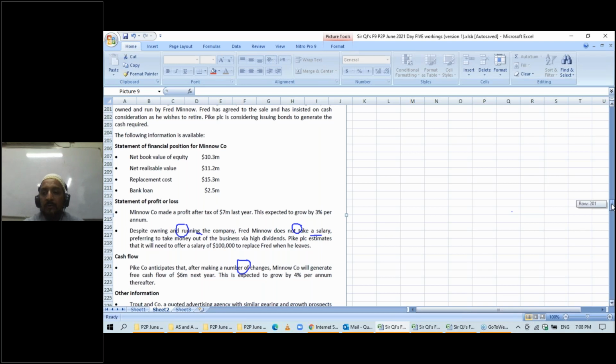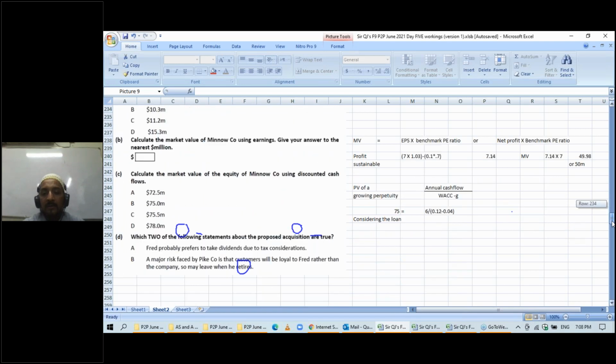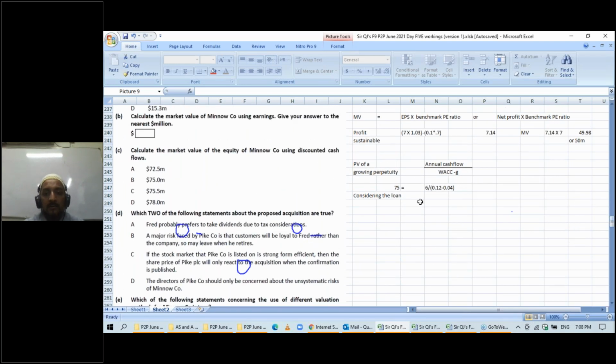So this is the value of the whole company. So considering the loan, 75 minus the 2.5 million loan, the value will be 72.5 million. So the correct answer is A.